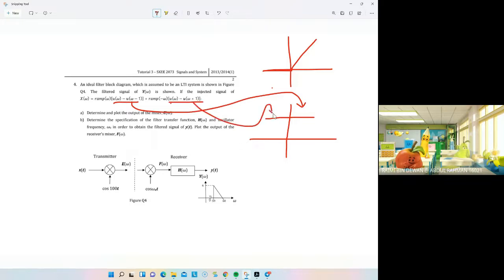If it's correct, U of omega minus U of omega plus 1, and then the rem here. This is the rem.